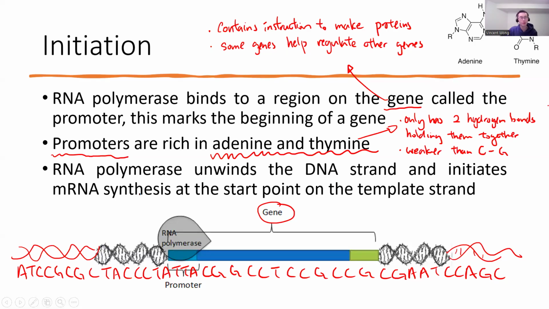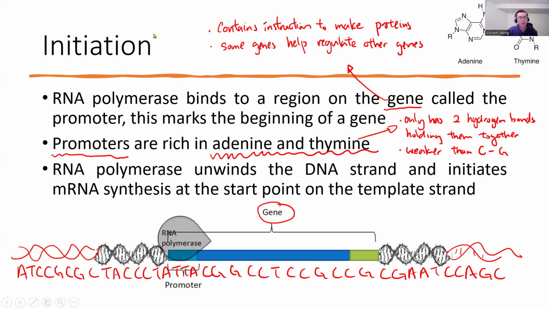CG has three hydrogen bonds holding them together. So in this case, because we need to gain access to the DNA and we need to open it up, it makes sense to have a lot of A's and T's, right? So it's easier to create the bubble and allow us to gain access to the nucleotides. Okay, so that's the promoter region.